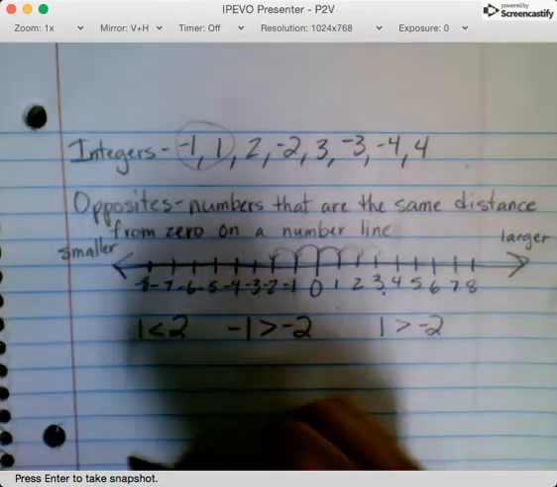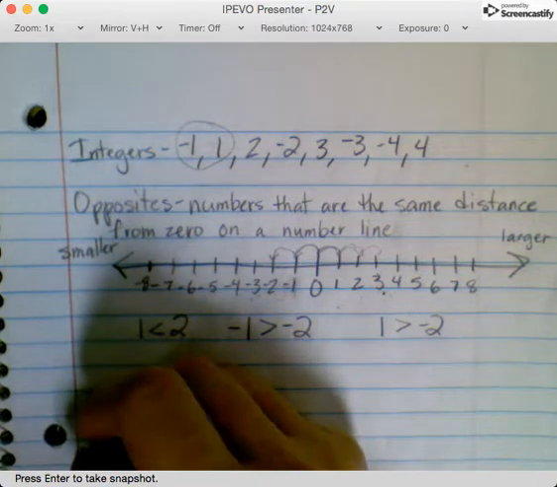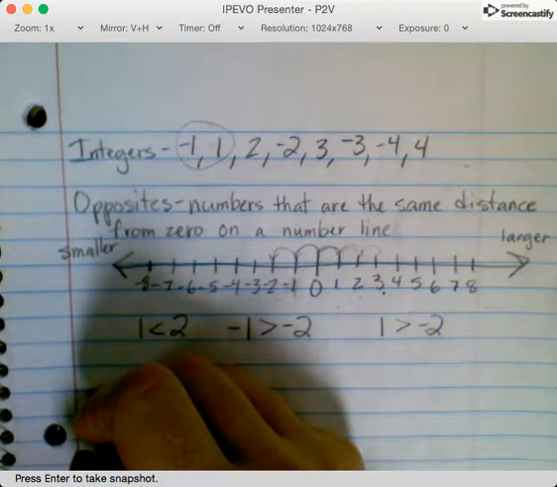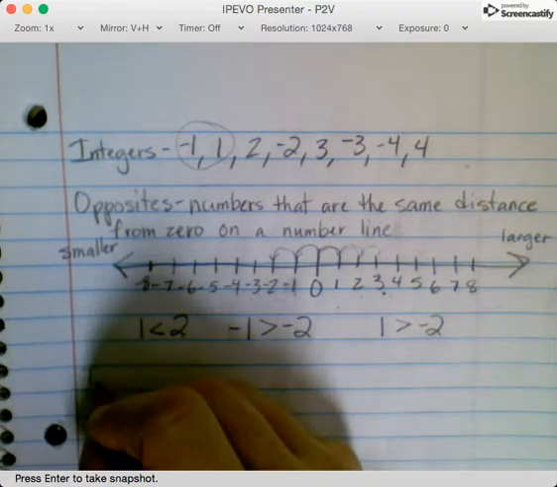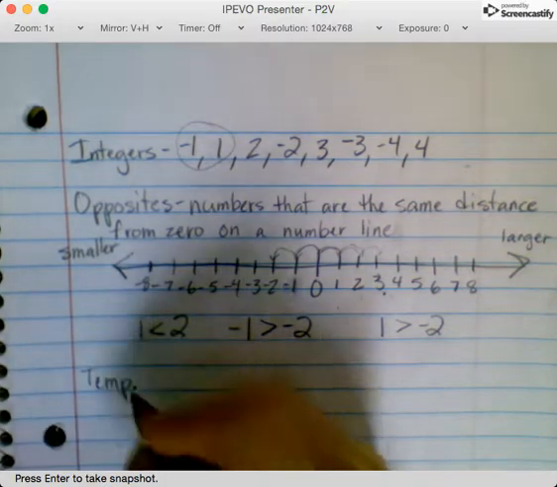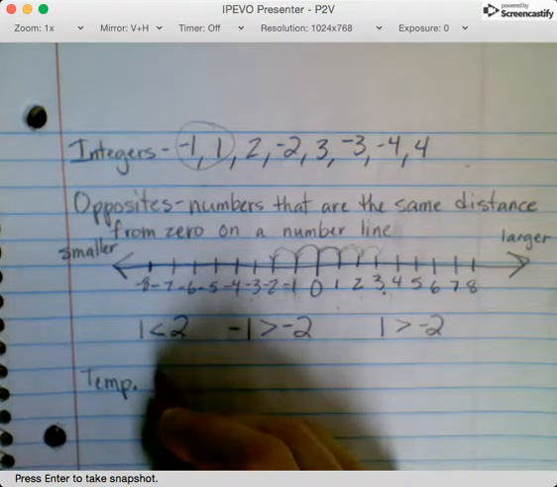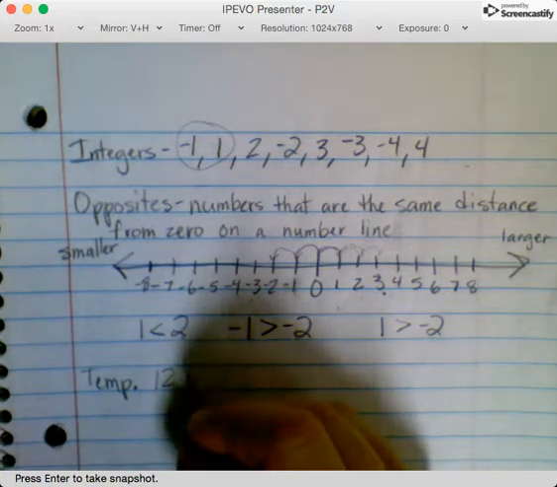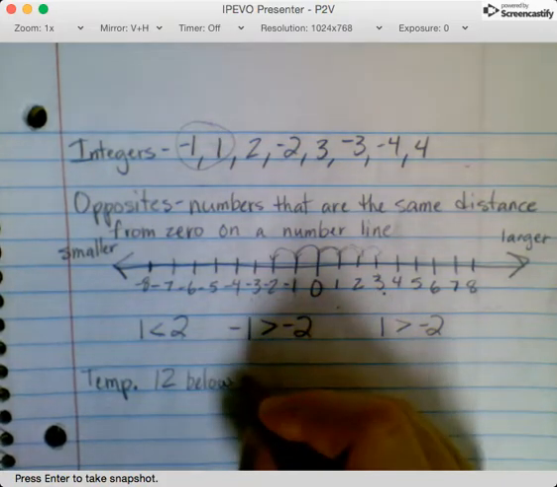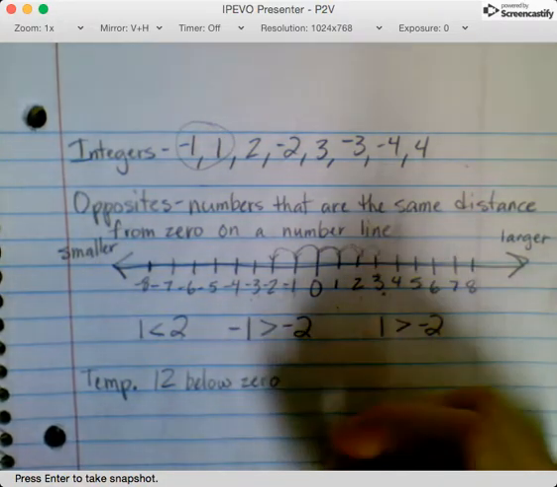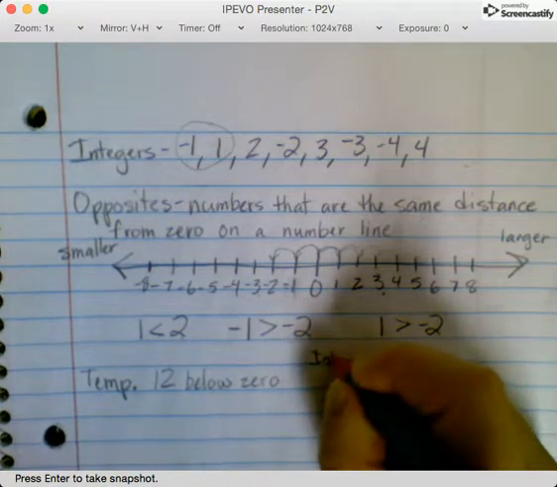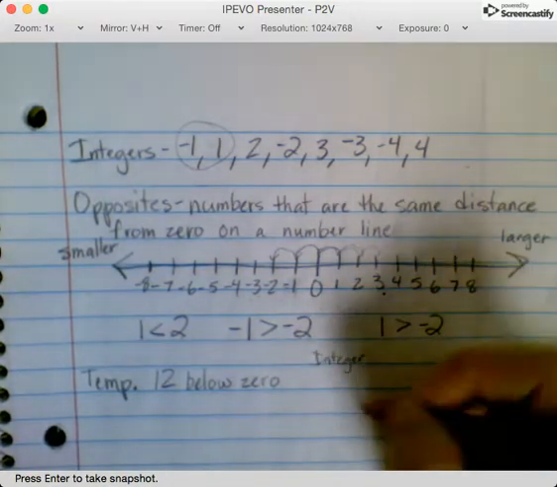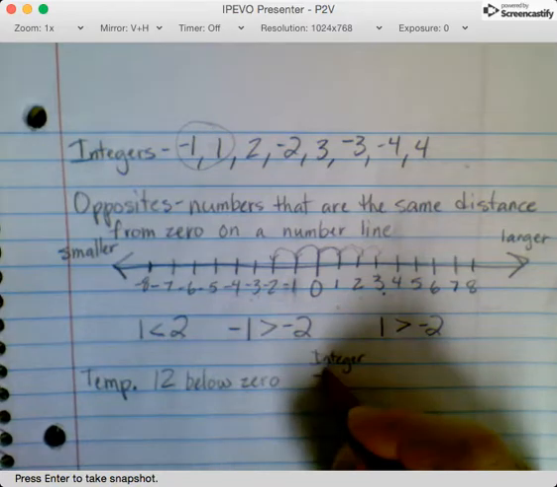Then for temperature, if I had a temperature of 12 degrees below 0, so I'm going to abbreviate that as temp 12 below 0, my integer is negative 12.